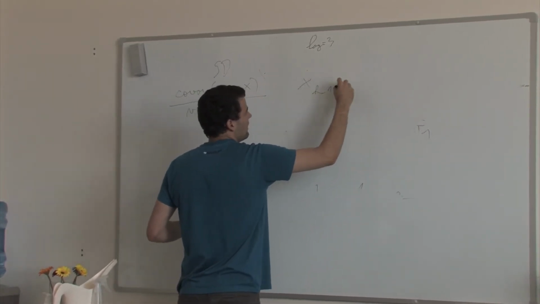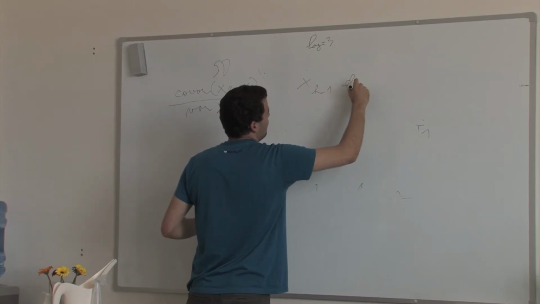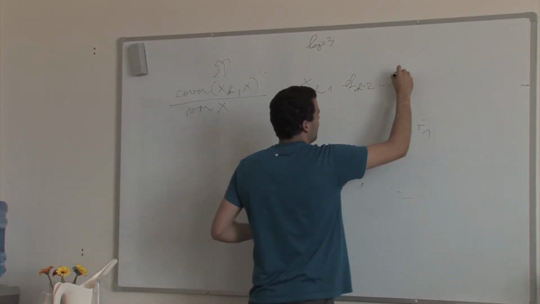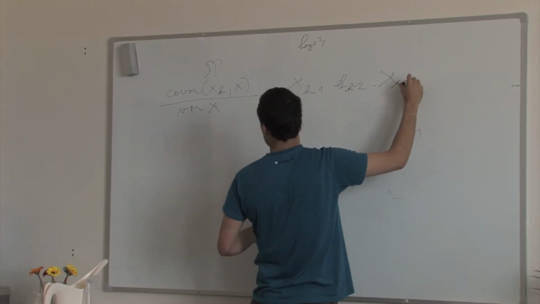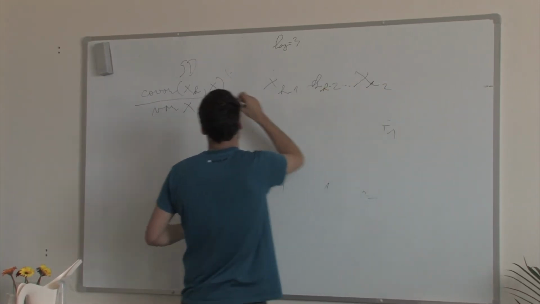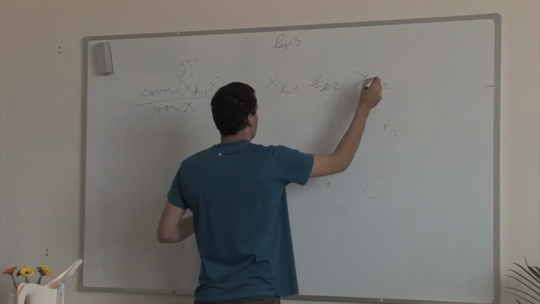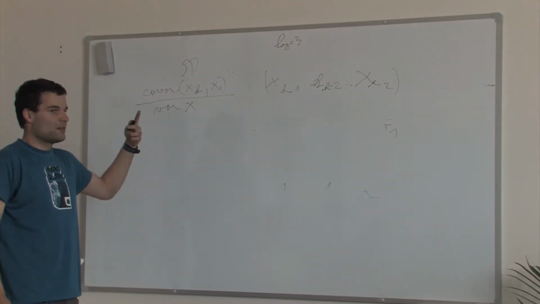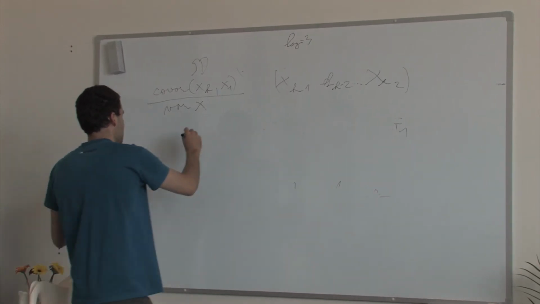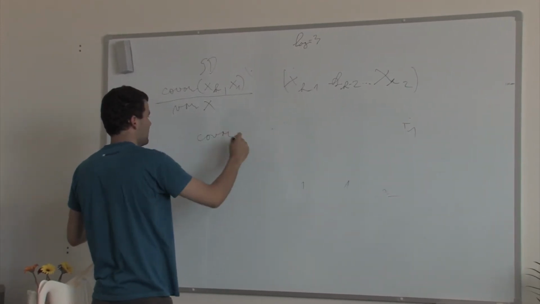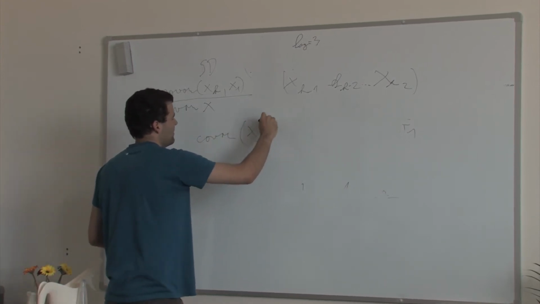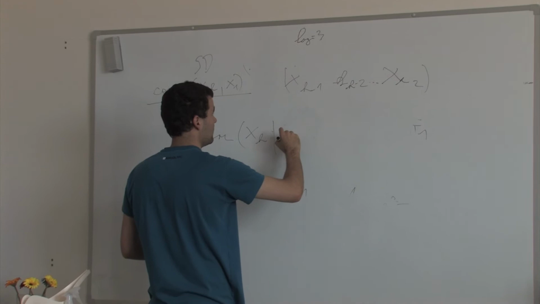xk minus 1 and xk minus 2. We have to consider this, and we calculate the covariance of the conditional xk.